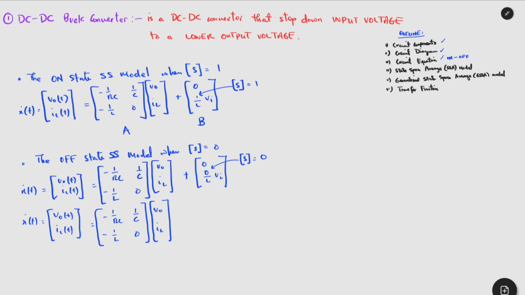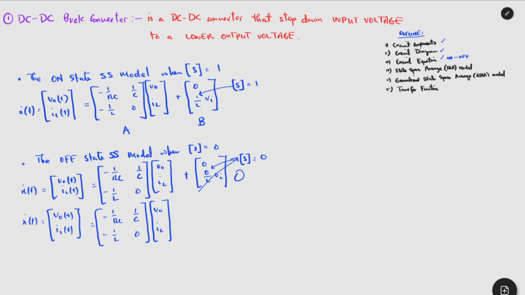And this term, since it is 0 and 0, we are no longer going to discuss, because this portion will be equivalent to 0, so plus 0. So during the off state we will have this state space model, and during the on state we have the model for the on state.